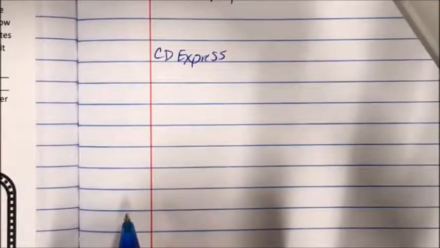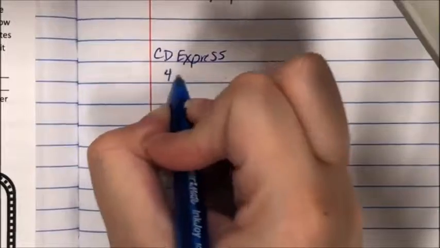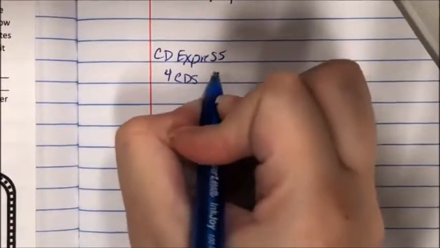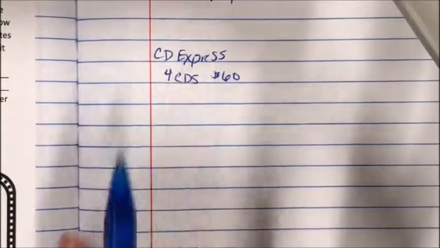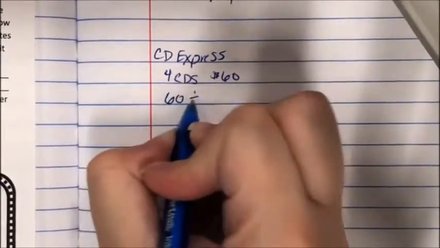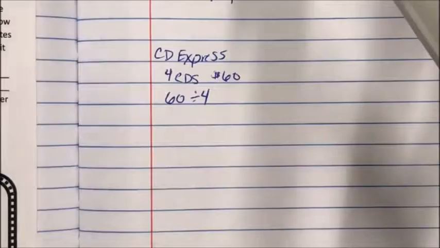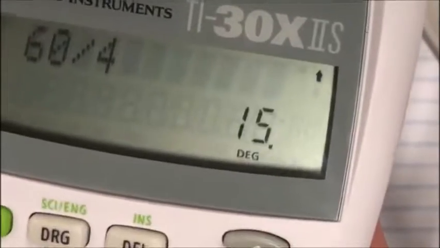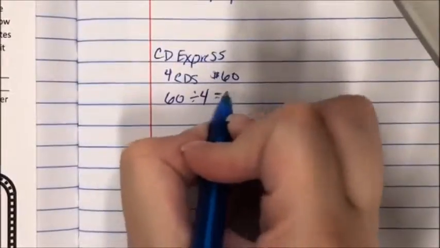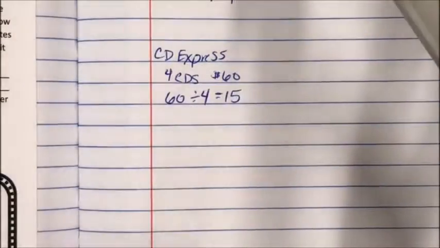They have 4 CDs for $60. Okay, so I want to figure out the price per CD. So I'm going to take 60 and divide it by 4. 60 divided by 4 gives me 15. Okay, so that means $15 for 1 CD.